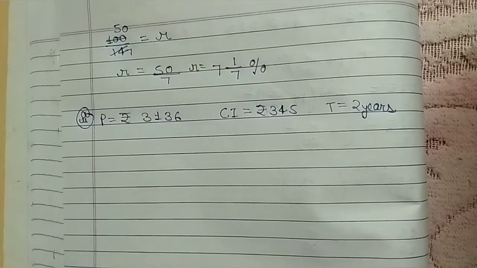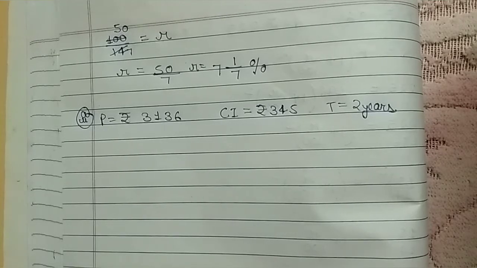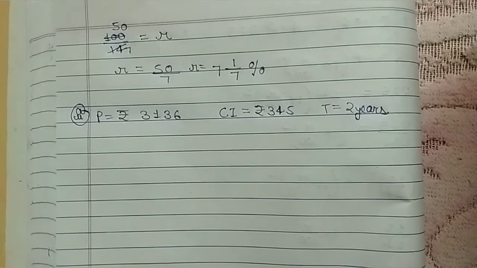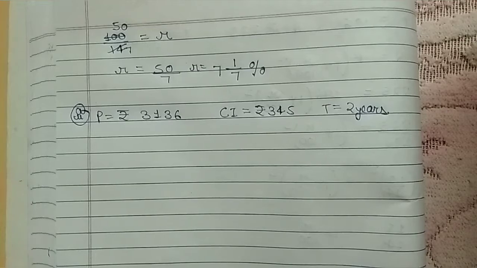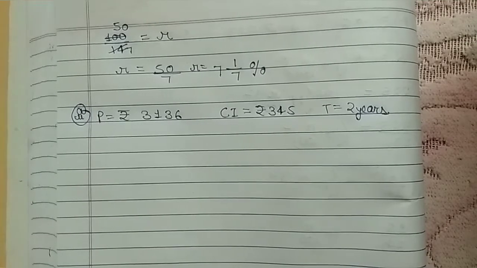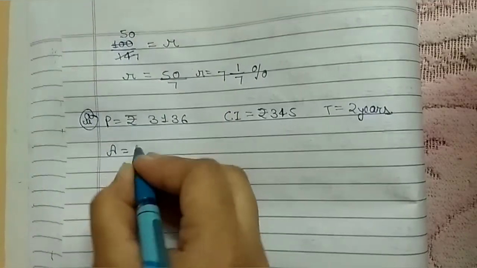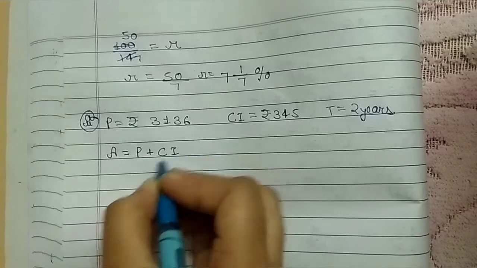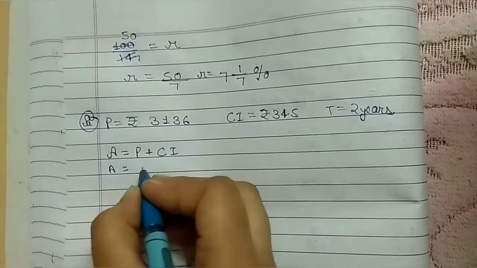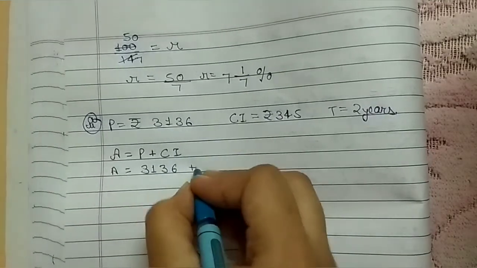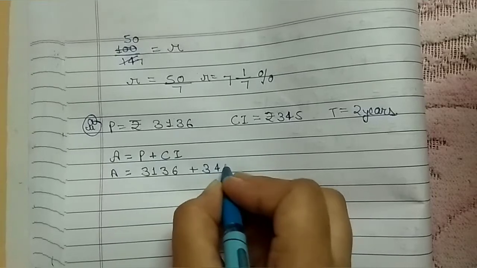So for solving this question, first we have to find A. We can find A by doing P plus CI because CI equal to A minus P. So if we will do CI plus P, then we can get A. So we will do A equal to P plus CI. A equal to, we have P equal to rupees 3,136 plus we have CI equal to rupees 345.